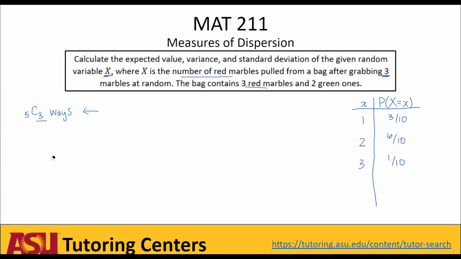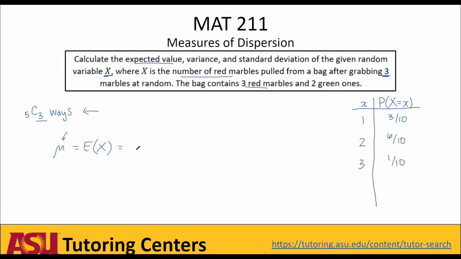Now that we've figured out our distribution, we want to find the expected value. Our expected value, which is our mean, we'll say this is a mu. I'm bad at drawing mu's, but pretend that's a mu. This is the same thing as saying the expected value of x. Those two are the same quantity.